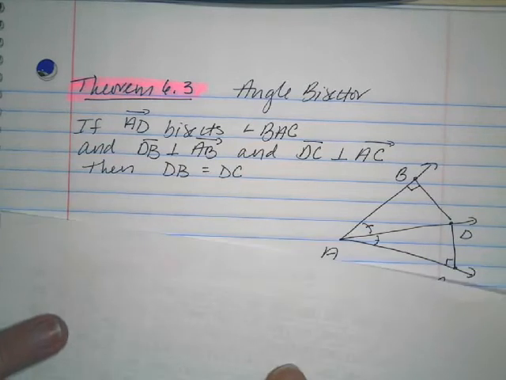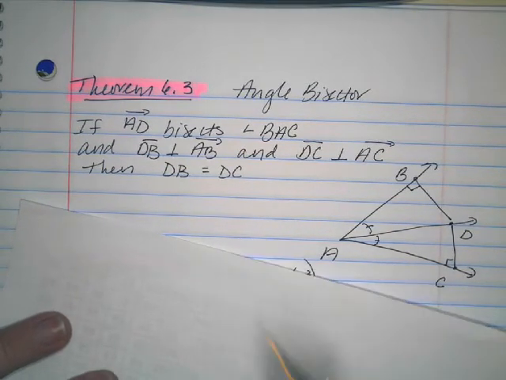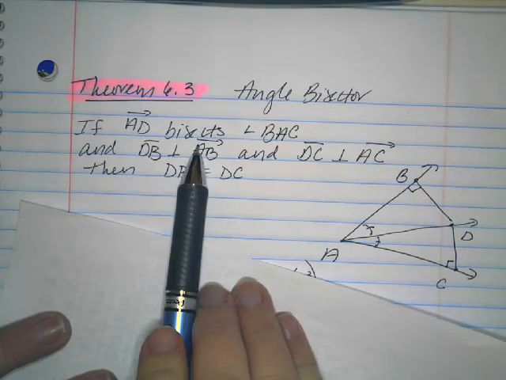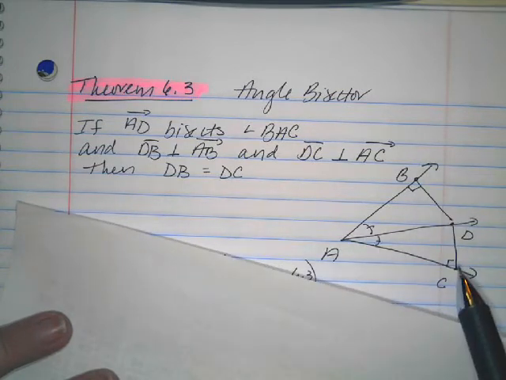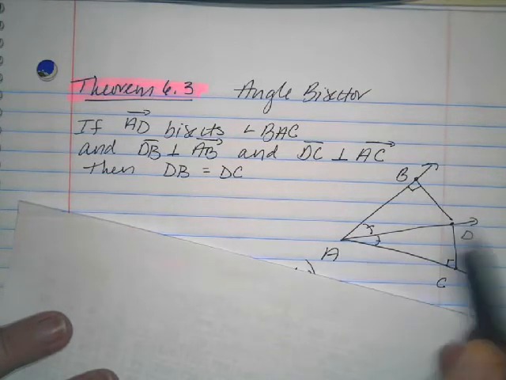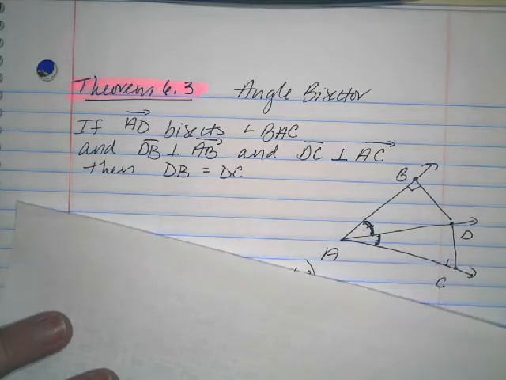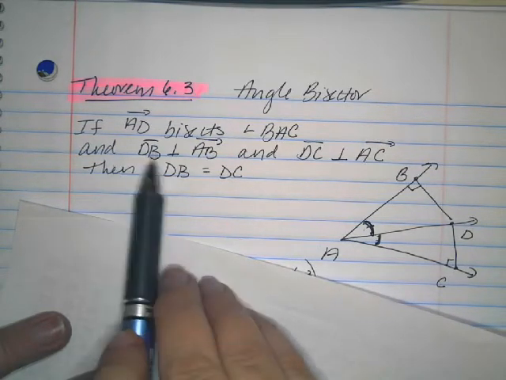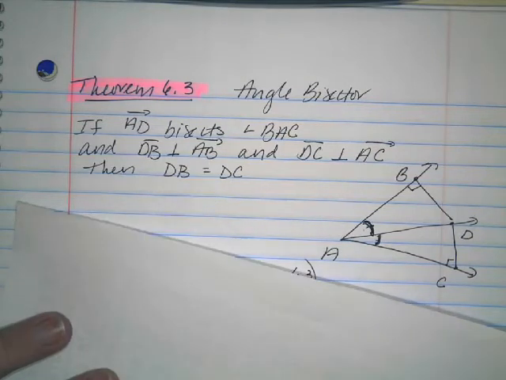Our last 2 theorems talk this time about bisecting angles. This one says that if ray AD bisects angle BAC, so here's angle BAC, and here is ray AD, it's bisecting it, which is what these little arcs mean, saying that this angle and this angle are equal, they're the same. And BD is perpendicular to AB.